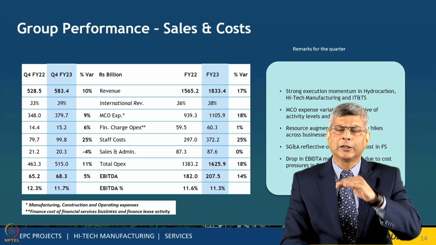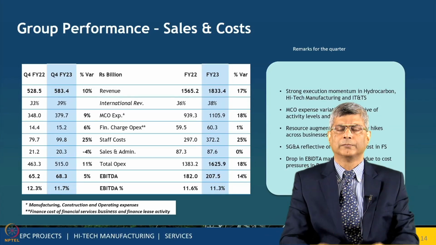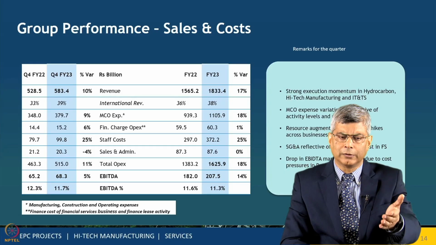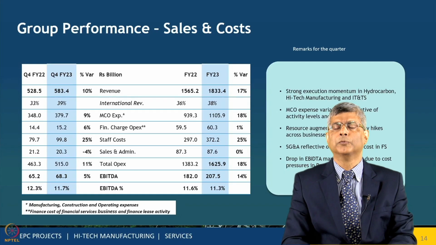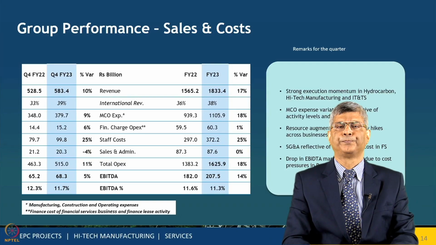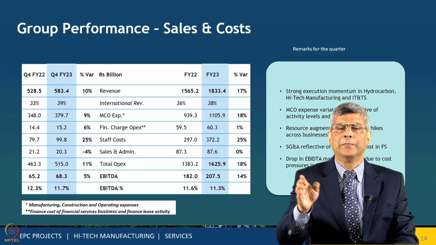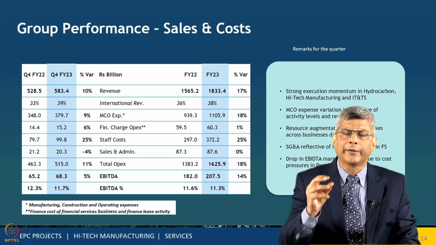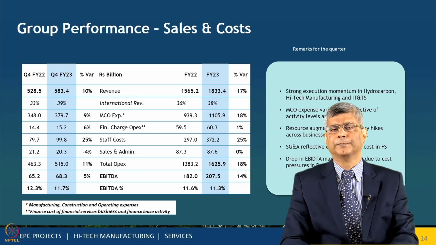So if you deduct all the costs, they have got what is called the first level of profit. And without getting into too much detail, it's called earnings before interest, tax, depreciation, and amortization, which is the first level of profits. And you'll see that they have made 207 billion rupees of profit, or 20,000 crores of first level of profit, which is EBITDA.